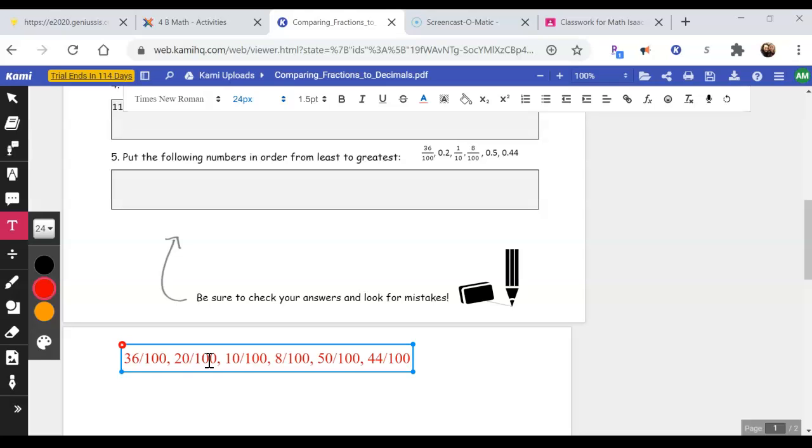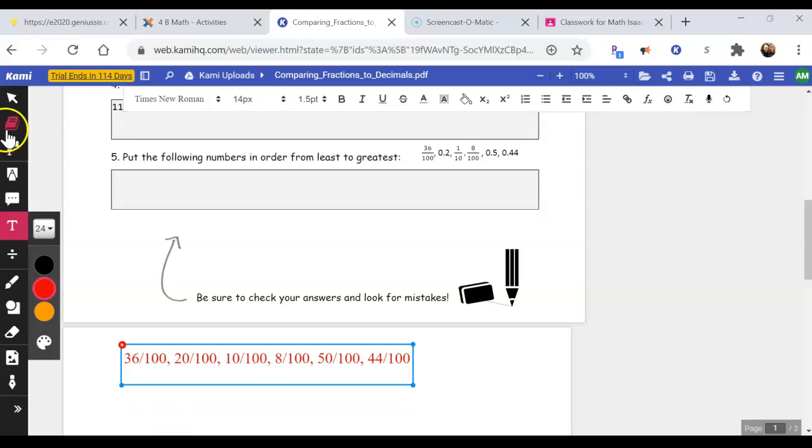So which one would be the least? 36, no, it looks like 8 is going to be the least. The one that was 8 over 100 is going to be your first one.